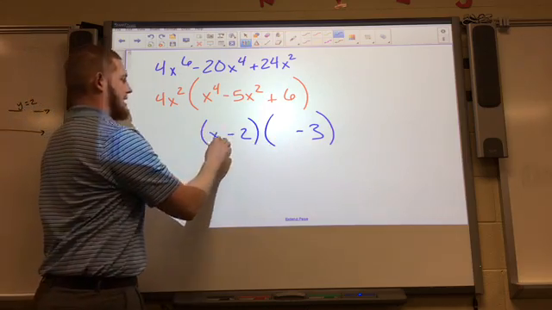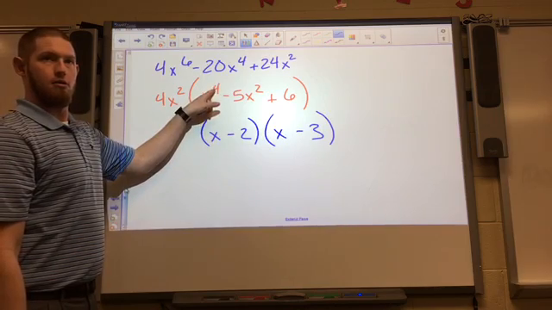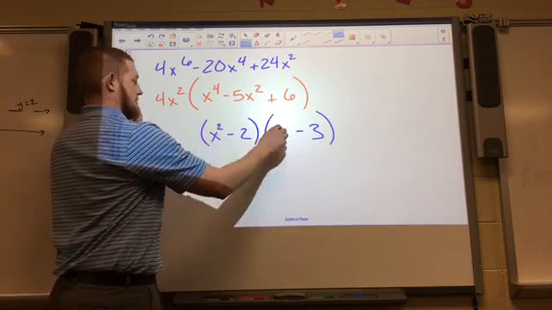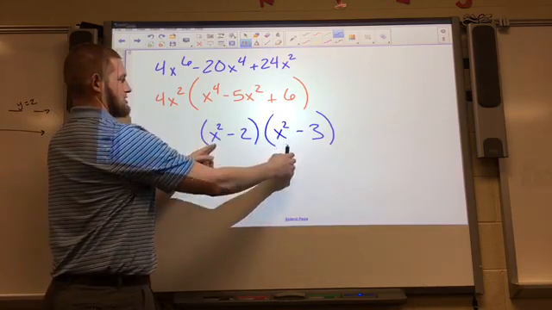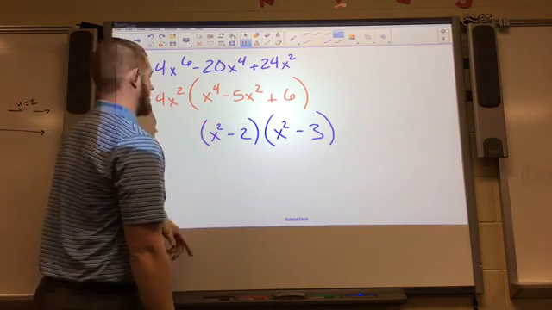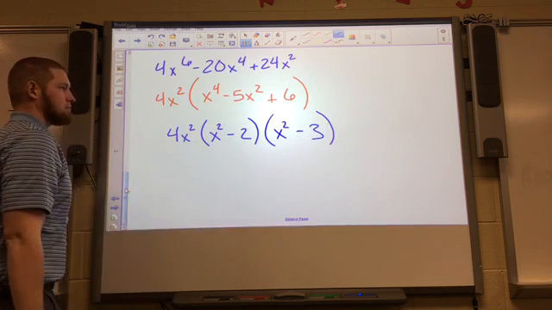If it was just x, that wouldn't give me an x to the 4th, would it? And it wouldn't give me an x squared here. But if these were both x squared, now when I multiply x squared times x squared, I get x to the 4th. And then out in front, you need your 4x squared.